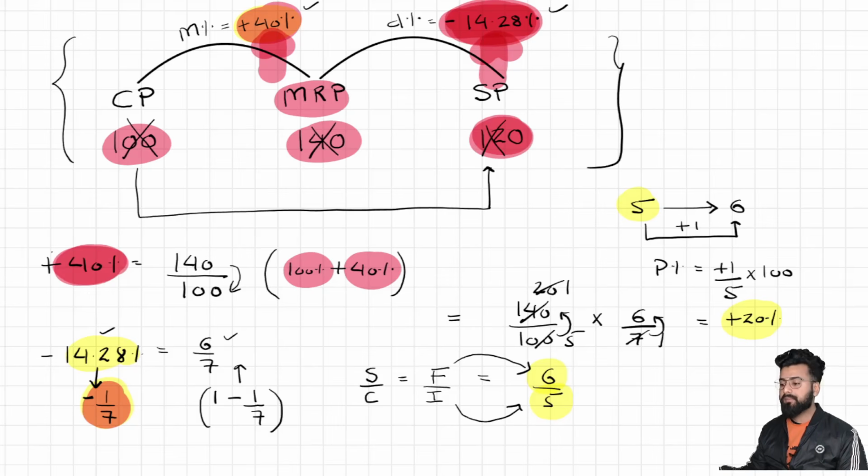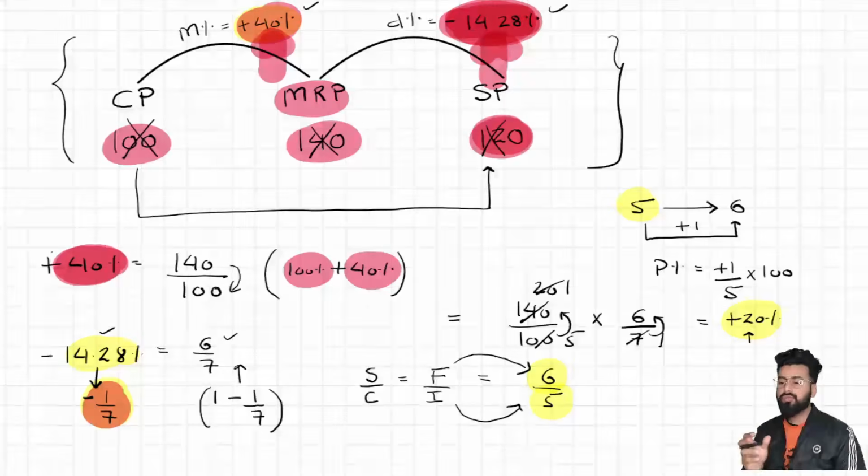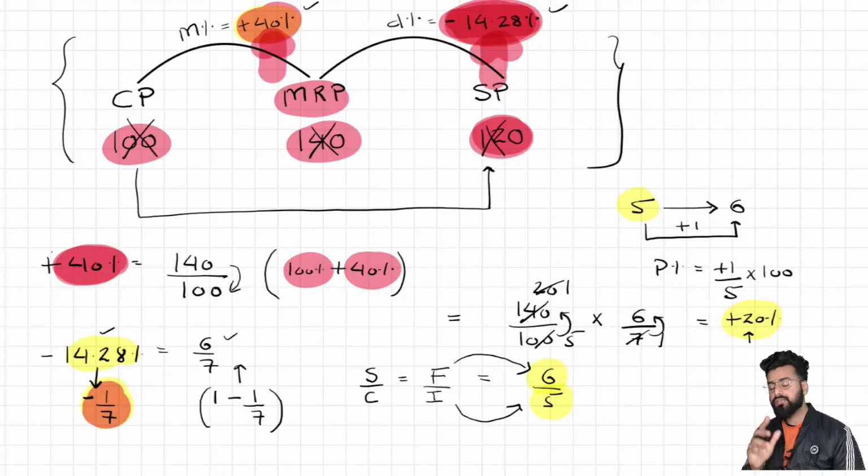So from now on, whenever I see such a setup, I don't need to use any real value. I'll just use the values of percentage changes and I can come up with the same answer directly by using successive percentage change. That is something I want you to realize from here.